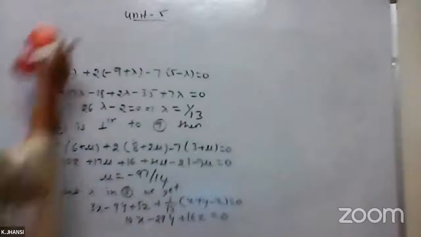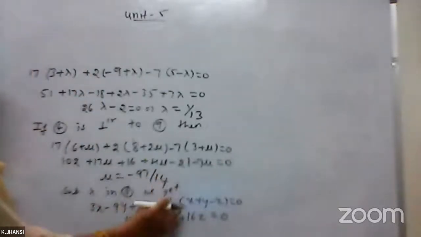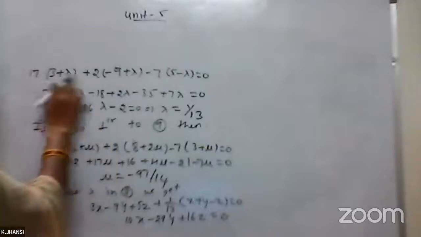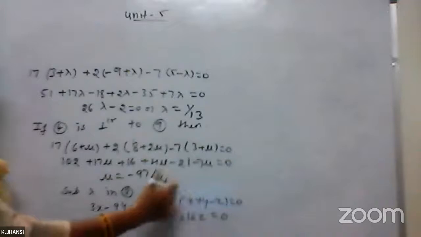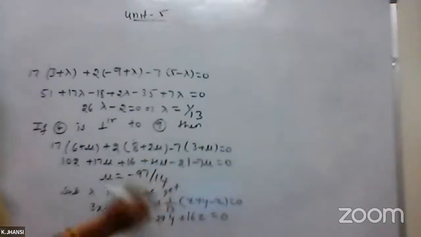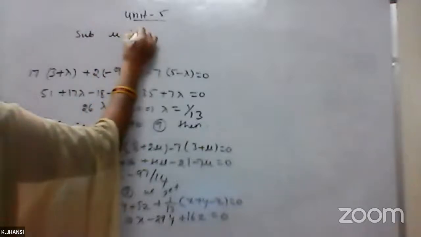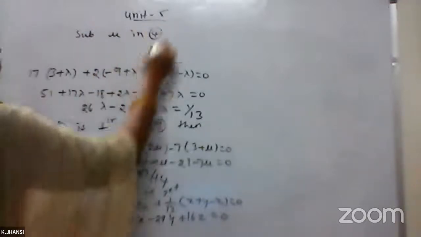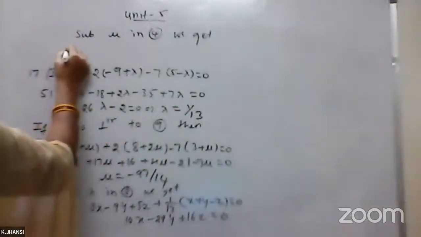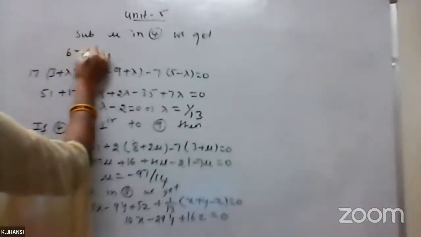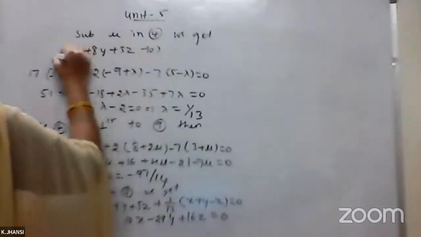So next one, if we substitute, here don't get confused in third and fourth equations. Plus lambda, if you substitute in this equation also, we'll get the same answer. But it will be convenient directly if you take the lambda value and simplify. Okay, so substitute mu value in the fourth equation. So we get, what is the fourth equation? 6x plus 8y plus 3z minus 10.